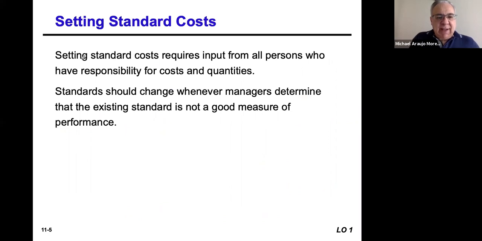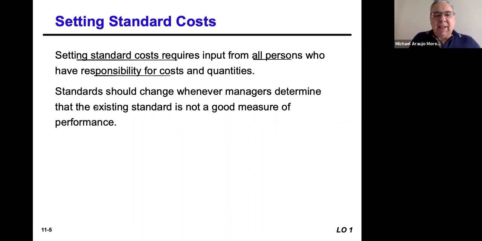Setting standards is common across all industries. There are standard costs in all industries, and they each have their own benchmarks to some degree. But within an organization, all persons who have responsibilities for costs and quantities are going to be involved in helping to set a standard.